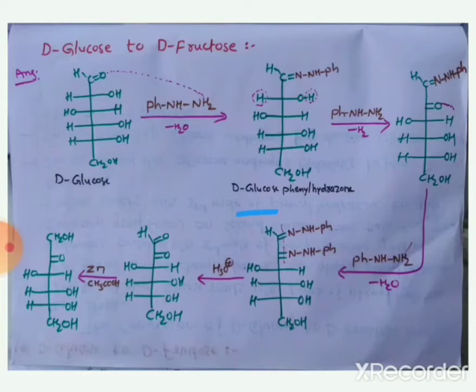And then D-glucose phenylhydrazone reacts with a second mole of phenylhydrazine. In this case, phenylhydrazine acts as a reducing reagent, so it removes hydrogen from D-glucose phenylhydrazone.